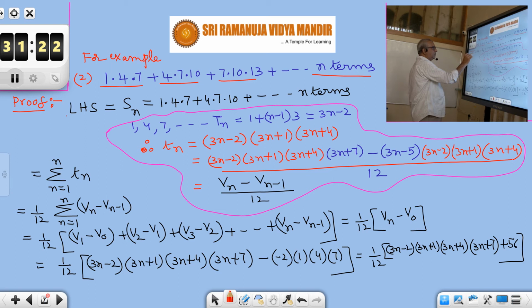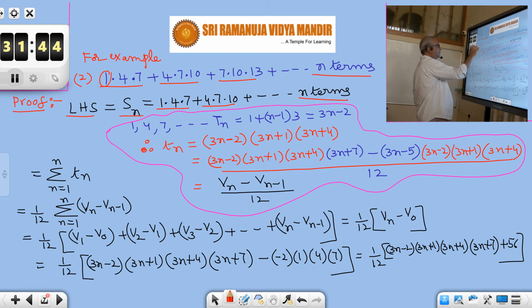So, this sum, the LHS, is nothing but the sum of n terms of this series: 1, 4, 7, 4, 7, 10, so on, n terms. What is the nth term? First we have to find that out. We have to find the formula for the nth term. See here, every term is a product of three factors.